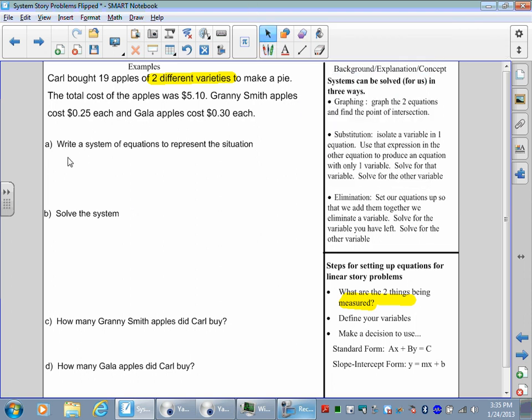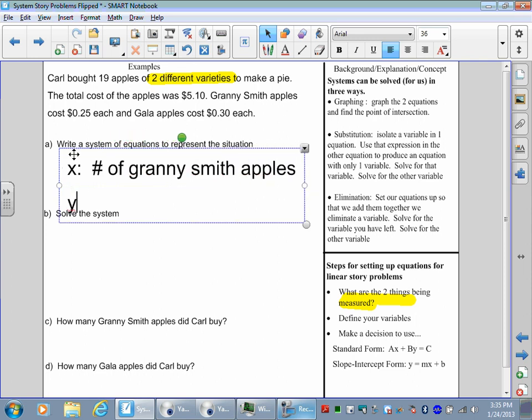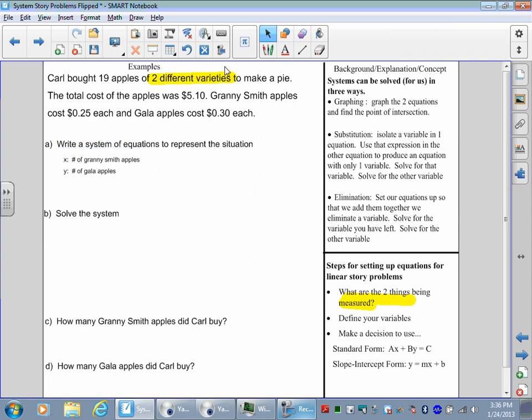Let's say that x represents the number of Granny Smith apples, and y represents the number of Gala apples. So now I have decided what 2 things are being measured, and I have defined my variables.